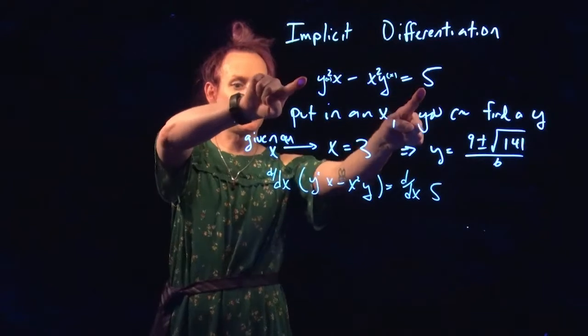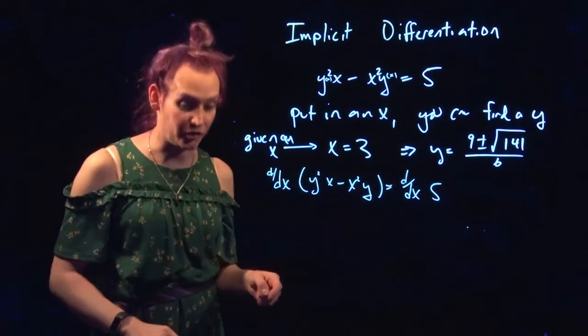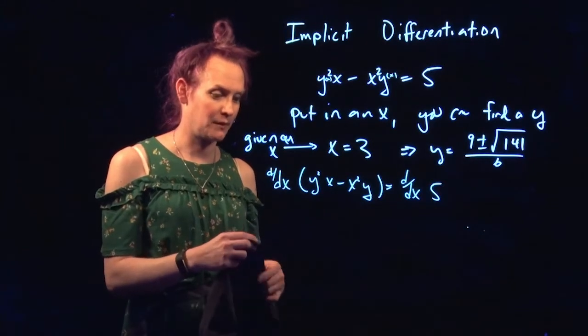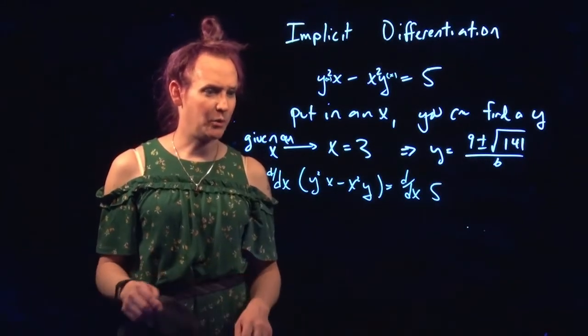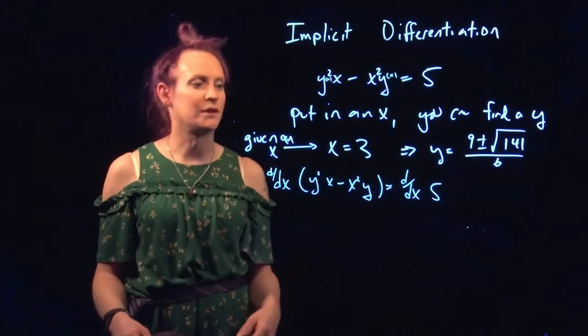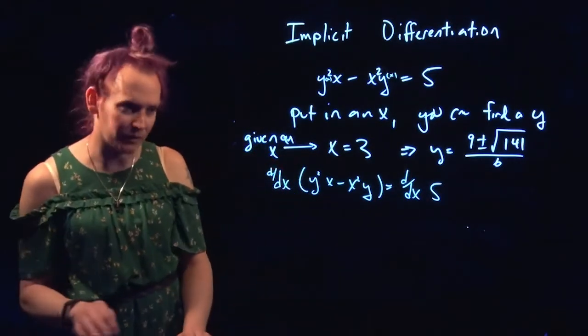Because if these two things are equal, then the rates of change have to be equal also. So we get to use the normal rules, like the sum rule and the difference rule. All the normal rules are in effect here.